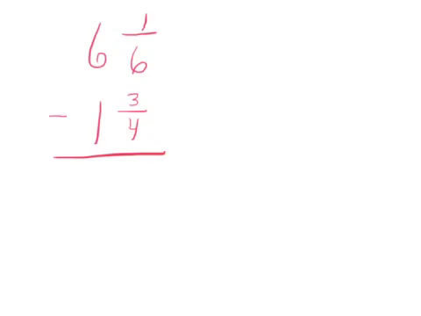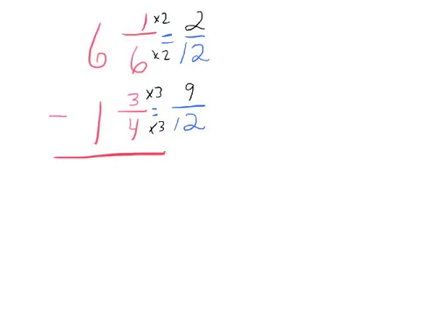And the lowest common denominator that I can use here, a number that both 4 and 6 will go into, is 12. So I'm going to set these equal to twelfths. And I'm going to do 4 times 3 is 12, so 3 times 3 is 9. 6 times 2 is 12, so 1 times 2 is 2.